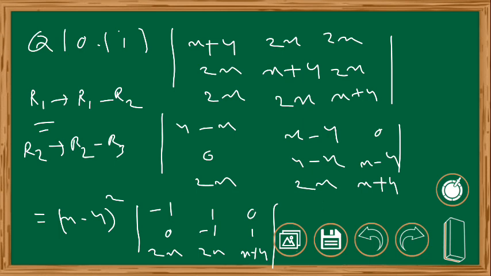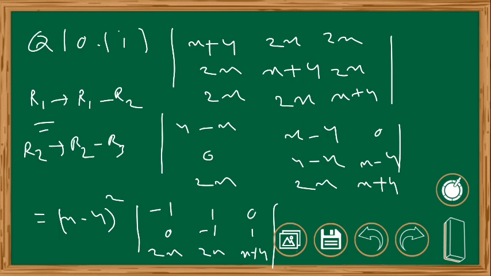Now if I replace column 1 by column 1 plus column 2 plus column 3, here it will be 0, and here it will be 0, and here it will be 5x plus 4. Okay, let me try it out. Or I can also replace row 1 by row 1 plus row 2 plus row 3, but it will be better to replace column 1 by column 1 plus column 2 plus column 3.